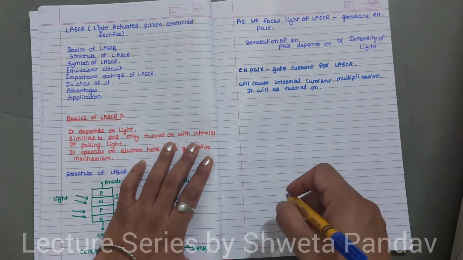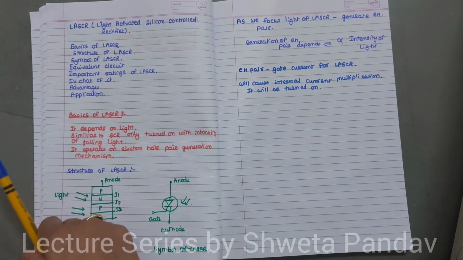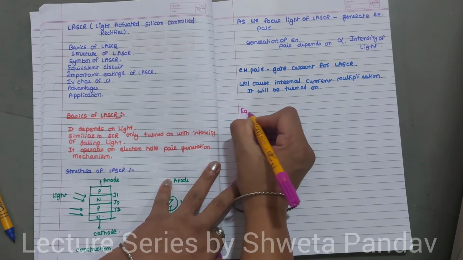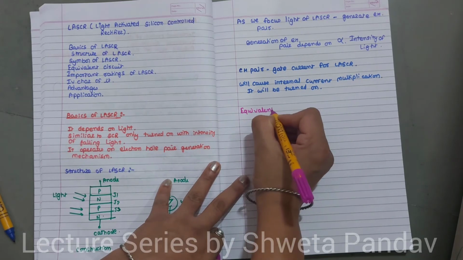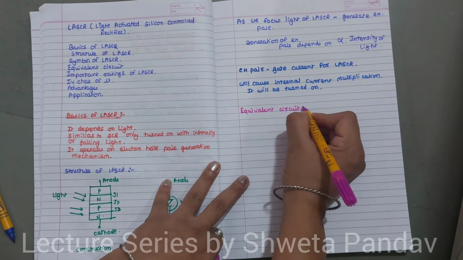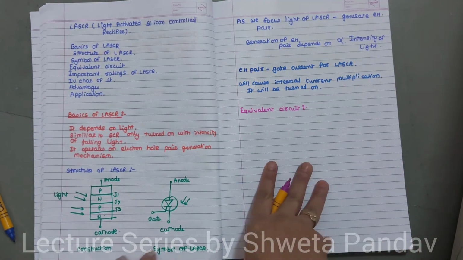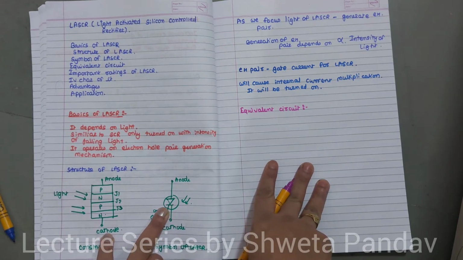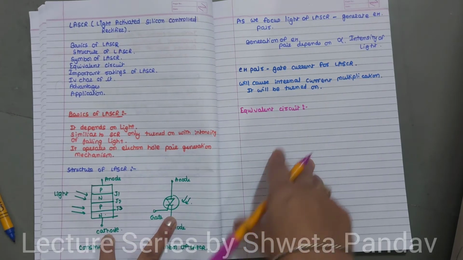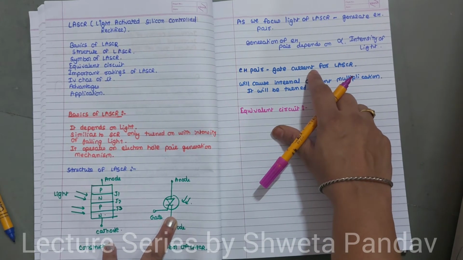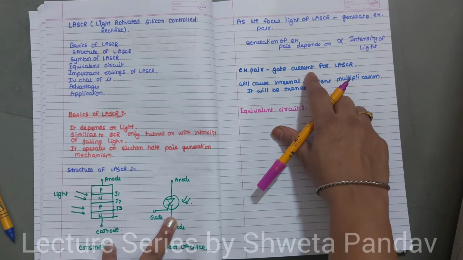Now let us see the equivalent circuit of it. As we are not applying any voltage here, we are making the light intensity fall on the anode cathode junction, and it will generate the electron hole pair, and this electron hole pair will constitute a gate current for the SCR.